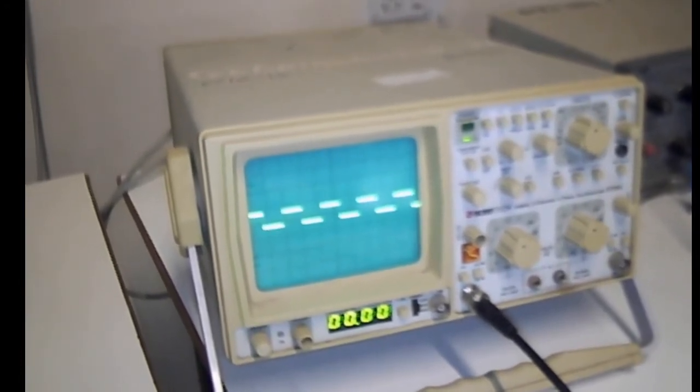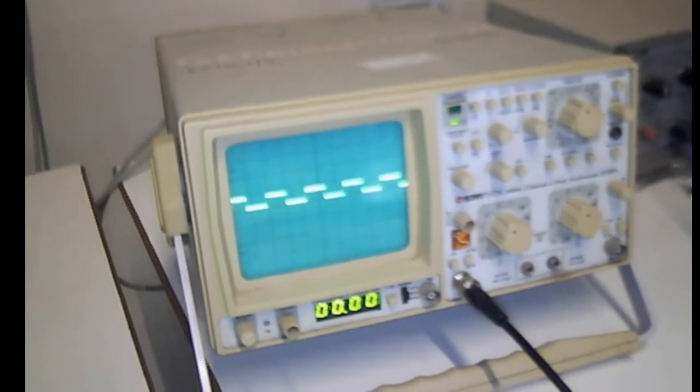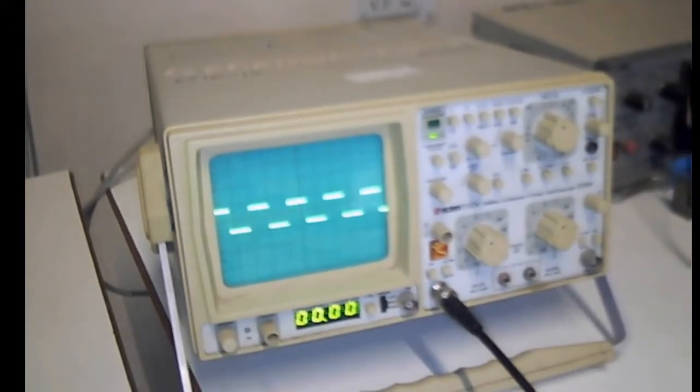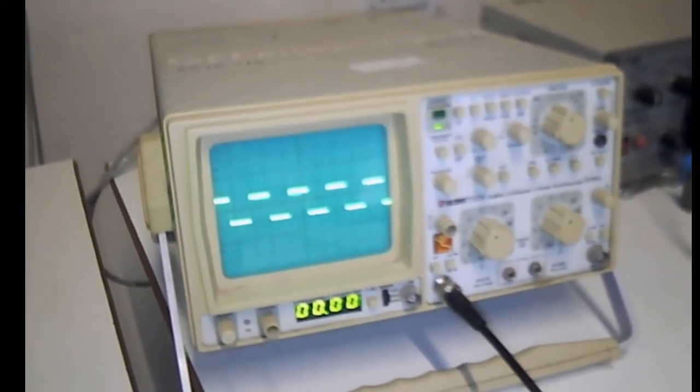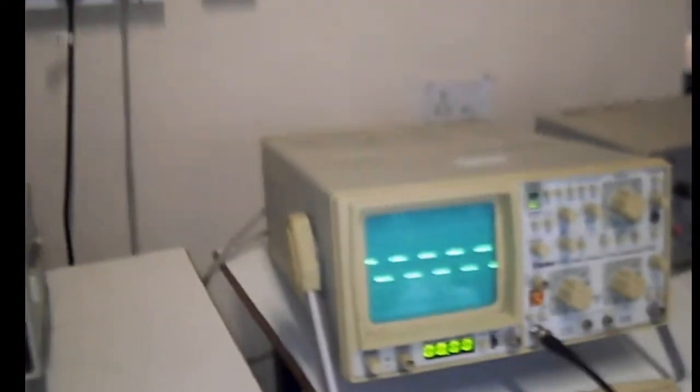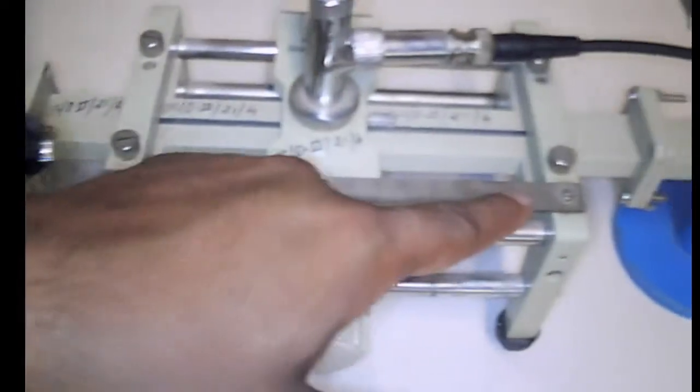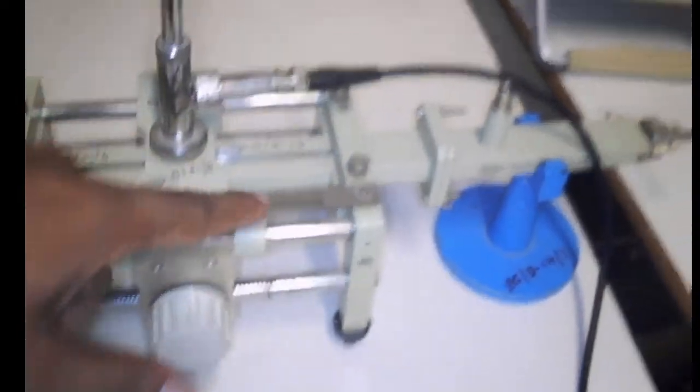At some location we have minima like this, and at some location the amplitude is maximum. So we can find the distance between two maxima or two minima by using this scale, and we can find the frequency of operation, and we can also find the impedance of this transmission line.